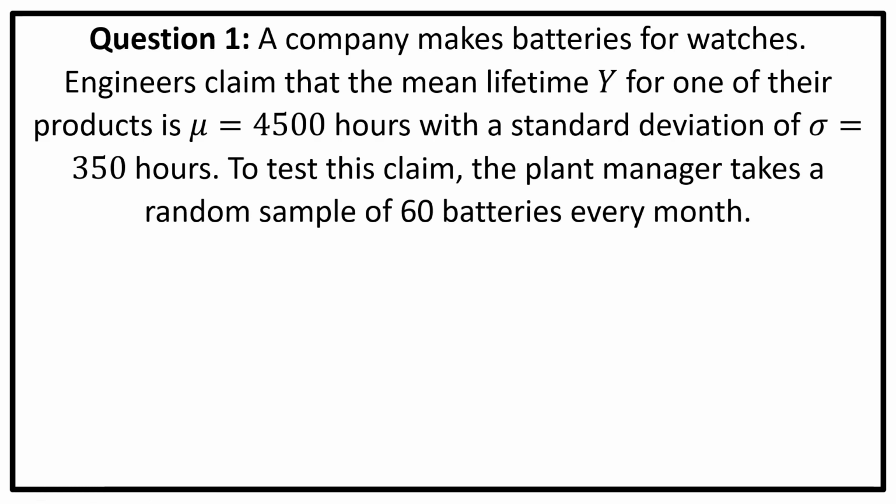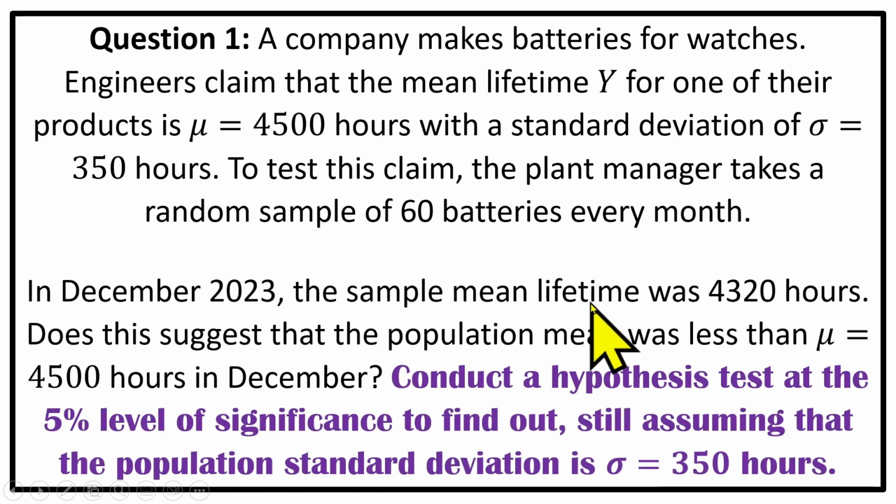They're saying for all of our batteries that we manufacture at this plant, the population mean lifetime for those batteries is 4,500 hours, and the population standard deviation is 350 hours. This is the engineers' claim. And so what the plant manager wants to do is take a sample every month and use the sample mean to conduct a hypothesis test to see if this claim is reasonable.